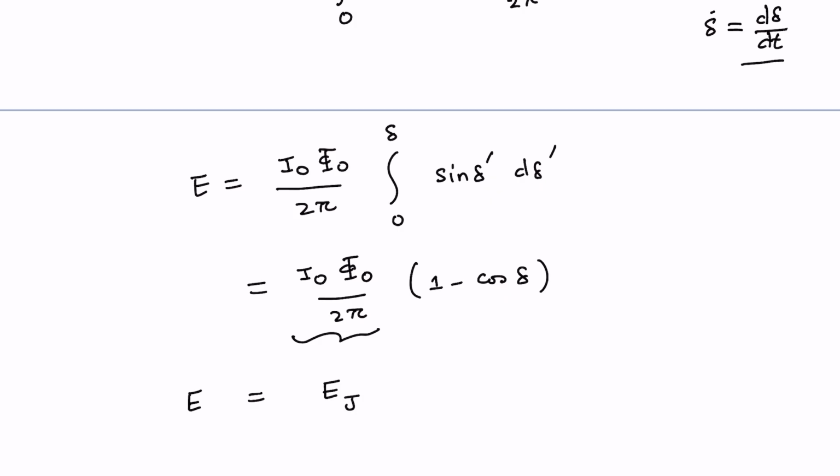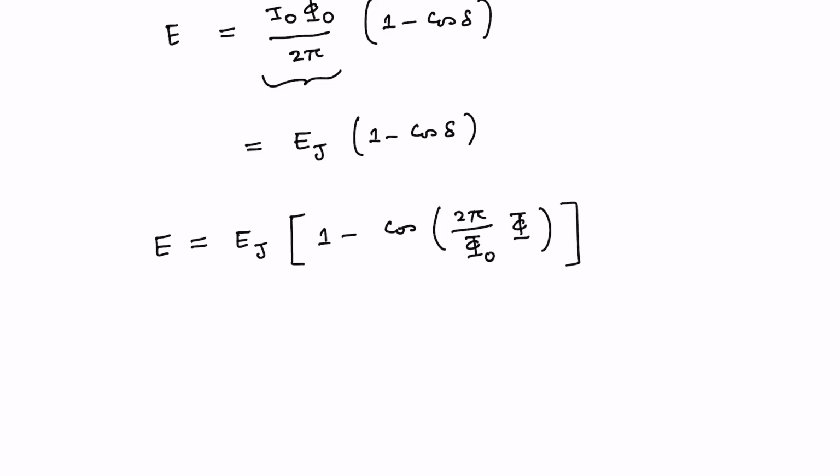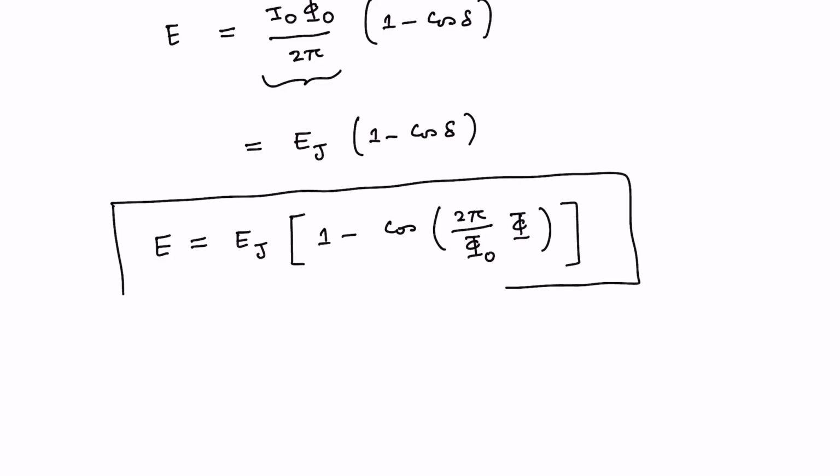This is referred to as the Josephson energy constant. So in terms of it, you can write the total energy as E is equal to Ej times 1 minus cos delta. This delta can also be expressed in terms of the magnetic flux. If I express it that way, then E is equal to Ej times 1 minus cos of 2 pi divided by phi 0, the flux quantum, times the magnetic flux. So this is the expression for the energy of this Josephson junction.